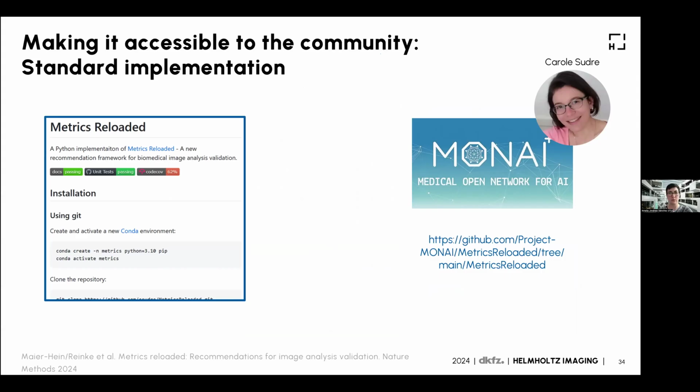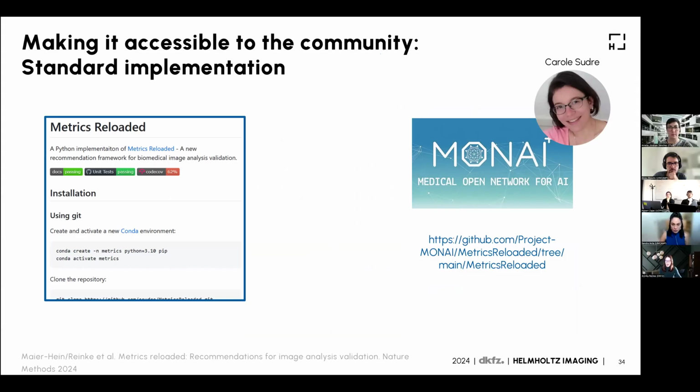And here, definitely, thanks to Carol, who did most of the work, we now have a library of metrics that you can use. And importantly, you don't have to use MONAI. It's just in there as a package, but you can use it without using MONAI.